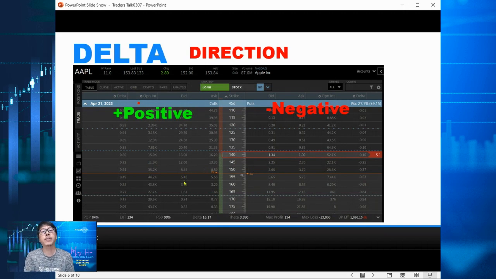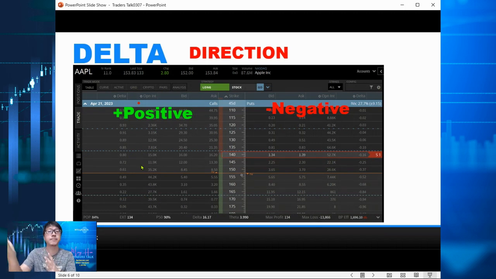But one thing you have to be mindful of is what kind of options you are getting into. For example, positive delta, if you look on this side, generally here is a call. Positive delta would mean that you are bullish, you want the direction to go up.